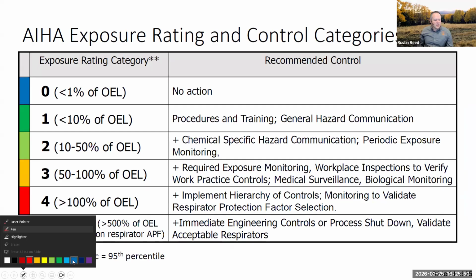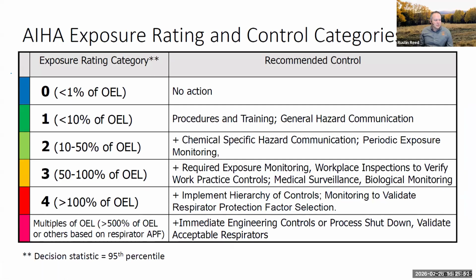So what I'd like you to pay attention to is the numbers over here on the left side. This is the exposure rating category, and those correspond to control categories. This is all in terms of percent of our OEL. So let's say our OEL is 100 parts per million.